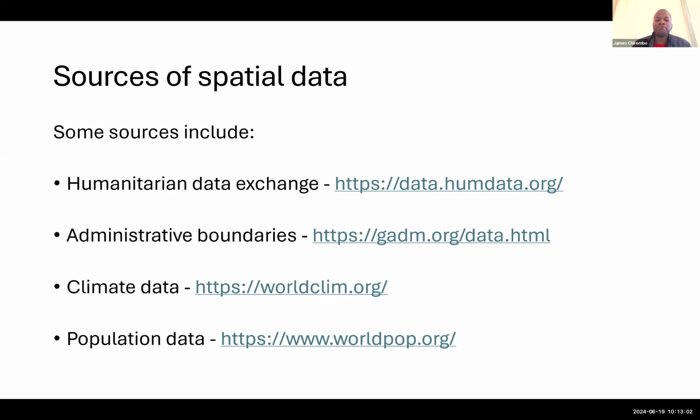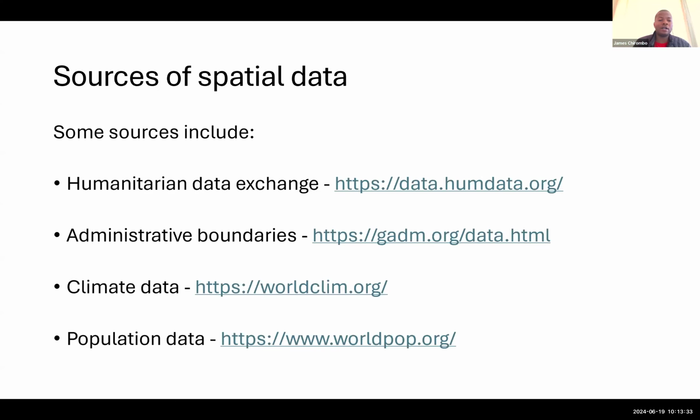One repository that we can use is gadm.org. This is a very powerful website. It almost works like a Google search. You can just type the name of your country of interest, and you get the boundaries. And the boundaries are categorized by levels. You can have national boundaries. In the case of Malawi, where I'm from, you can have district boundaries.